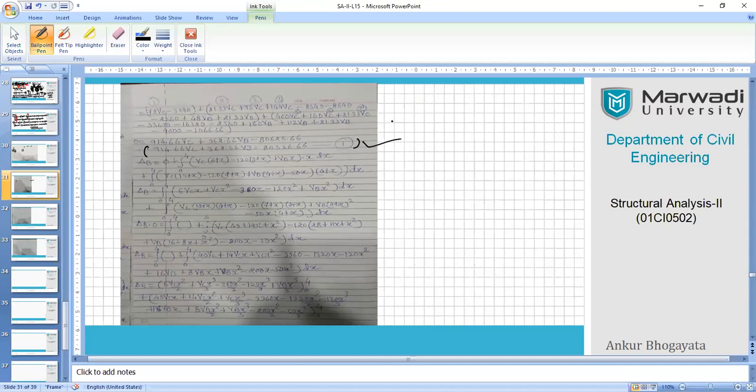The same data is there, so I'm just giving you the broader view of this equation. 914.66 VC plus, here you can see, 362.66 VB equals 80625.66. Right? So this is the first equation that we have obtained from the calculation.